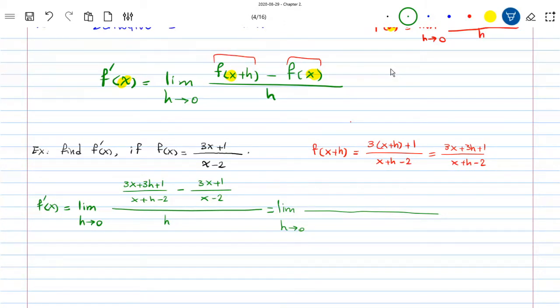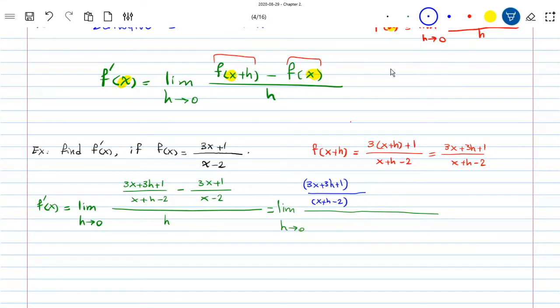What we need to do first is to use a common denominator for the numerator, make the same denominator for the fractions. The first fraction is 3x plus 3h plus 1 divided by x plus h minus 2.